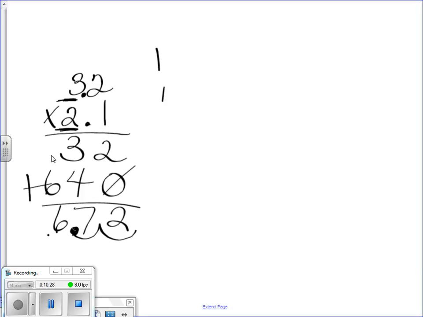But if you like turning it into fractions, fine, do it. If you don't, fine, don't. Making the fractions is just showing you why this is what it is.